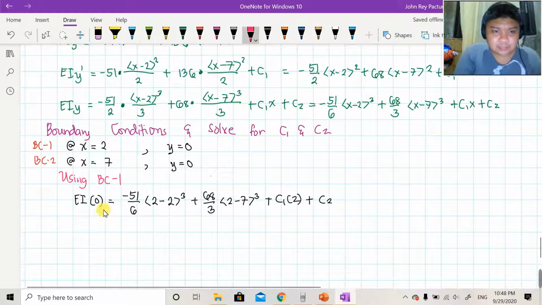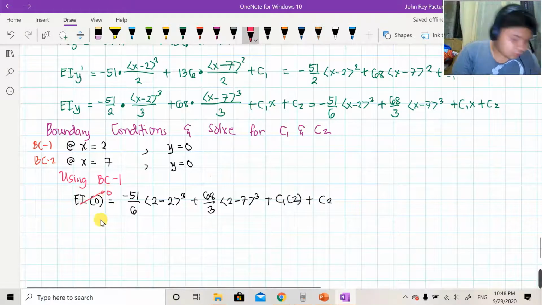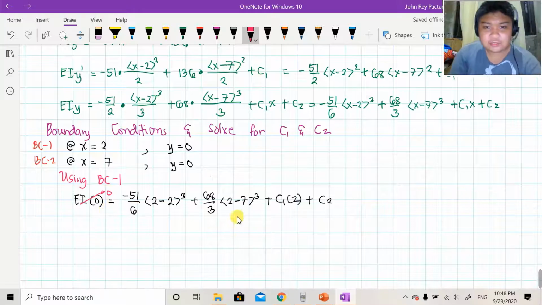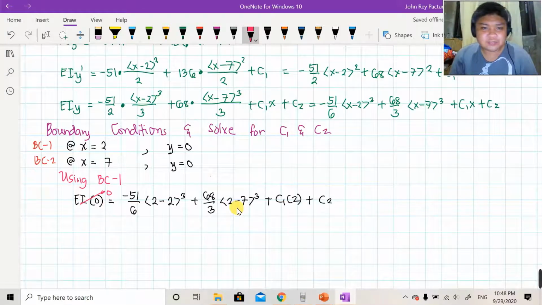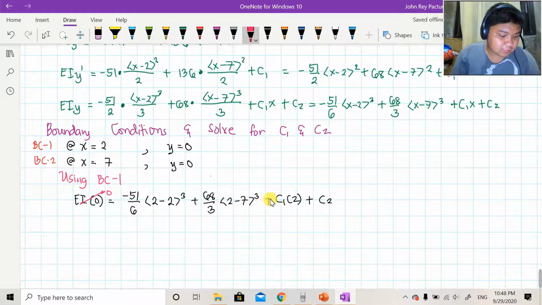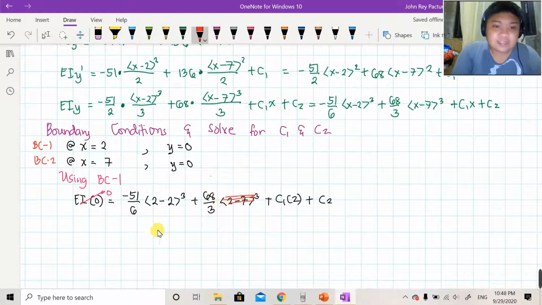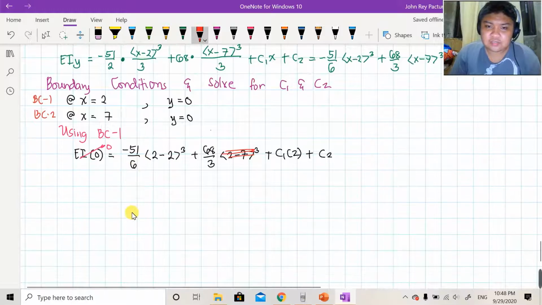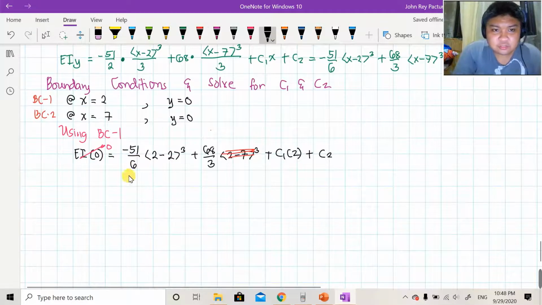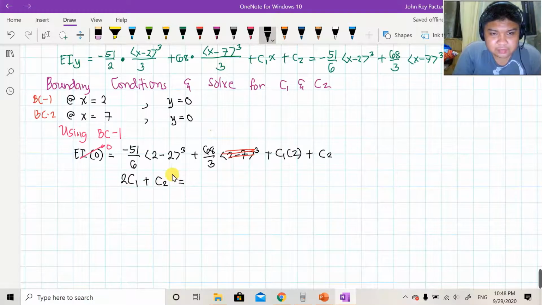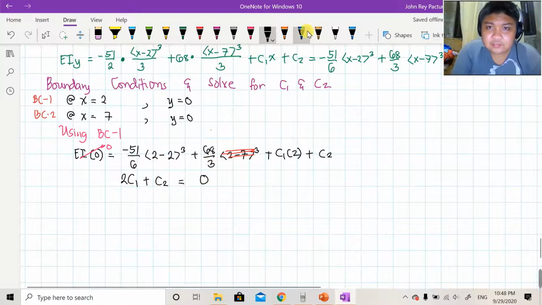So, of course, this is 0 already. But class, remember the rule: when the value inside is negative, say for instance this 2 minus 7, we should cancel it or not consider it in the analysis. At the same time, this one here, when you compute it, is 0. So, therefore, when you arrange this, it becomes 2 C1 plus C2 is equal to 0.